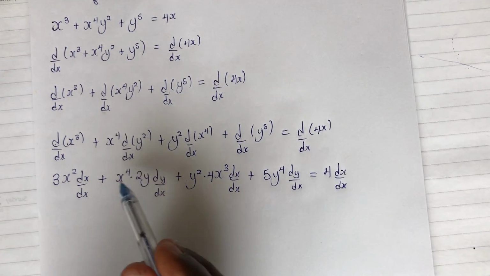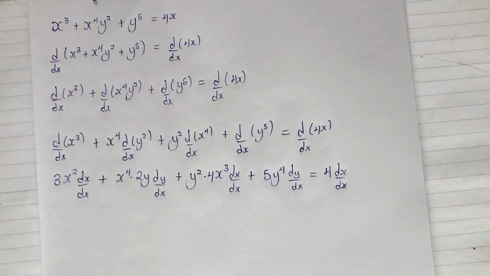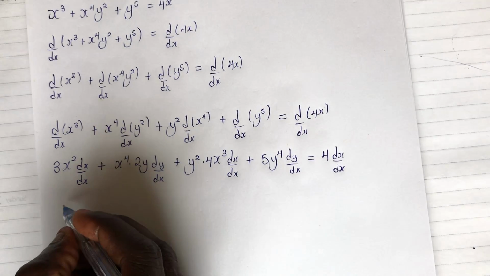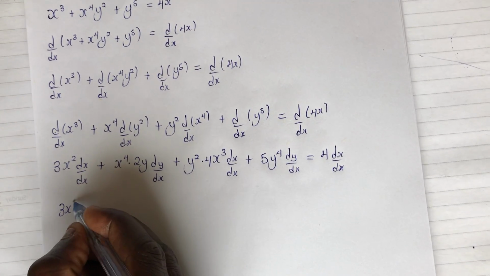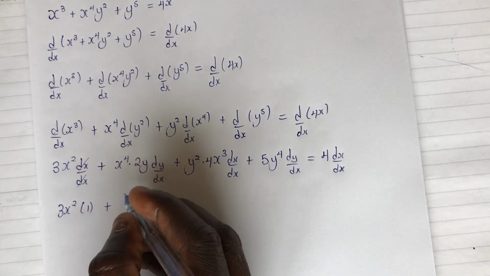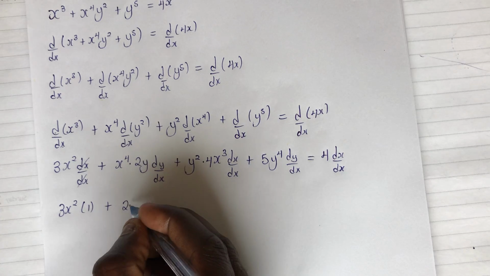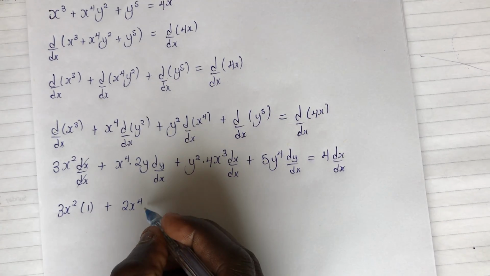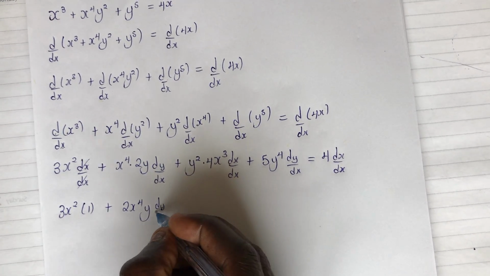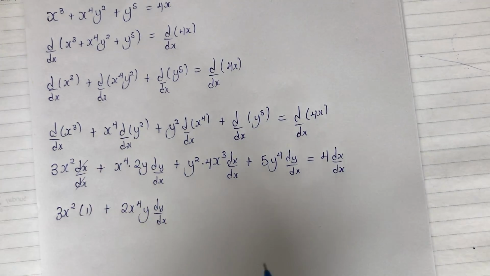So now every such step we have here is 1. Let me show it so that you understand what I am doing. I have 3x squared, dx will cancel. I have 1 plus, I have 2 multiplying the whole function, so 2x to the power 4 y dy dx. I cannot cancel dy and dx, they are not the same.